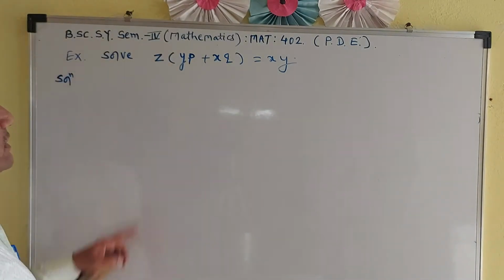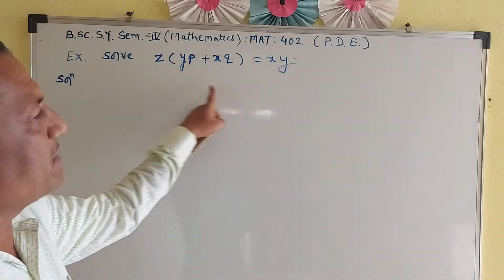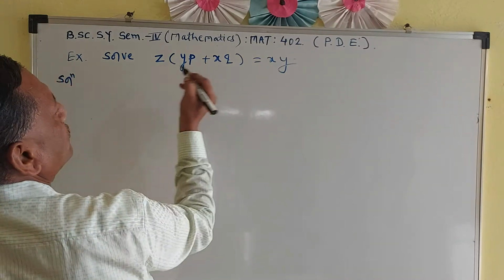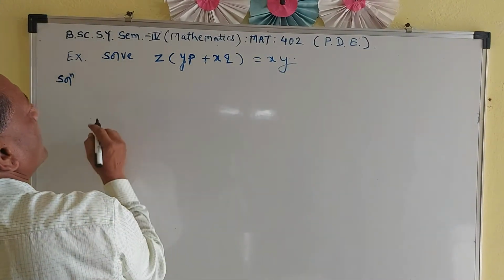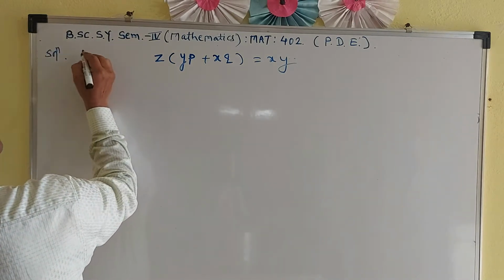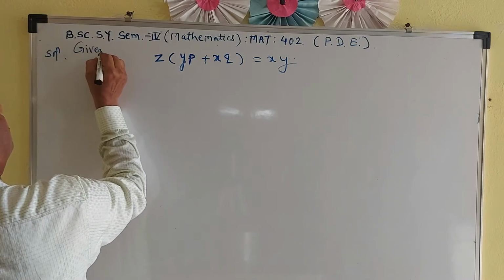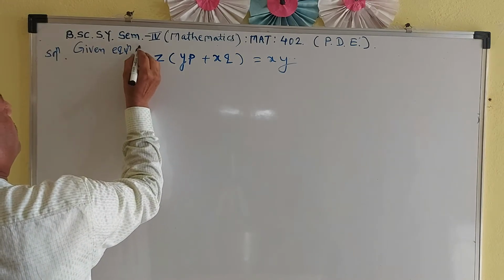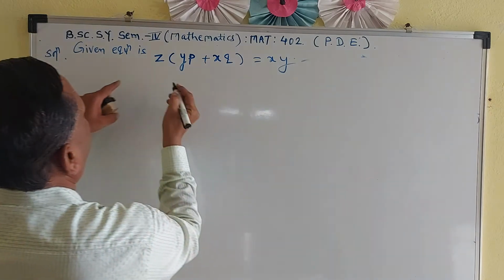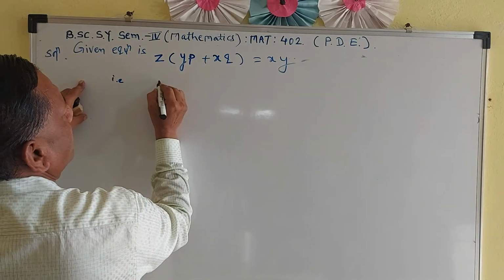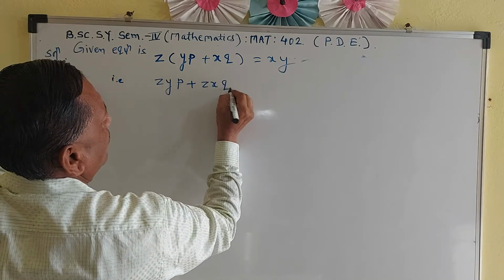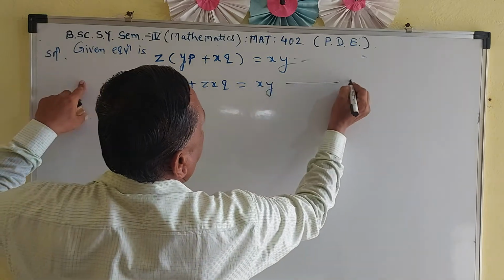Now you compare this equation to the Lagrange's equation of the type Pp + Qq = R. So the given partial differential equation is this, given equation number 1, or you write it in another way also, that is, this can be written as zyp + zxq = xy.